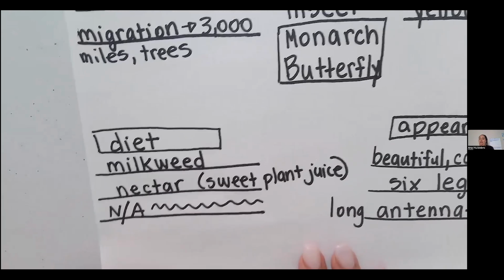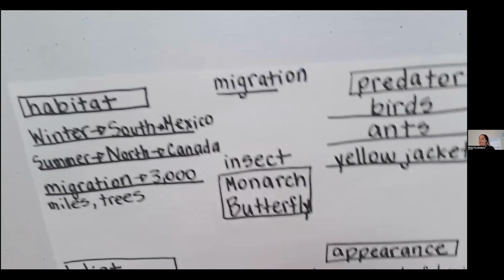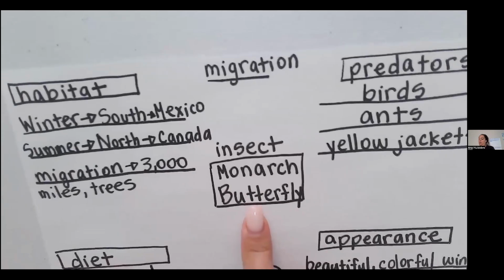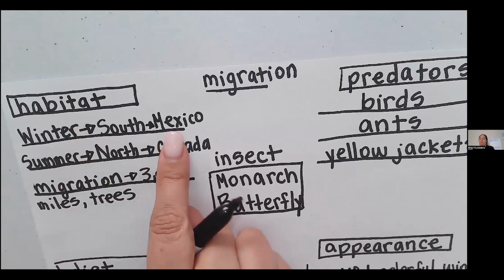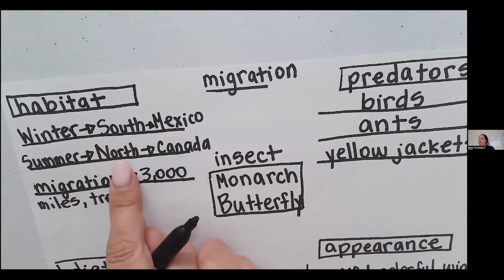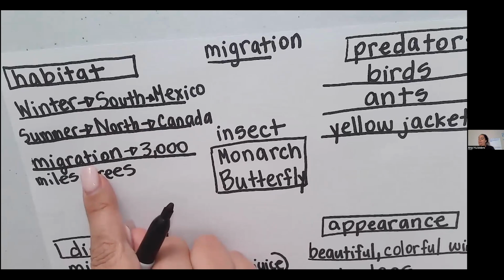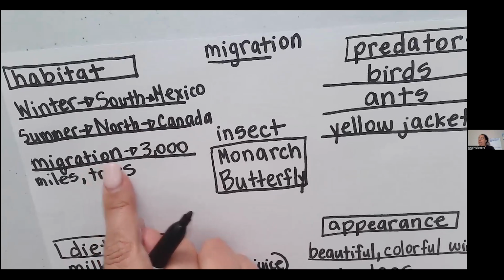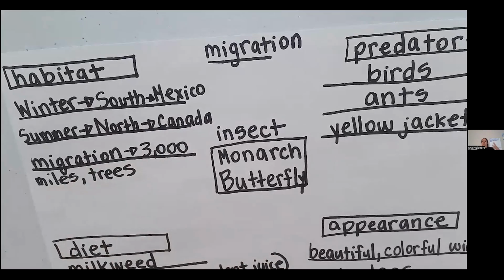So here we find a lot of information about monarch butterflies. We find out about their habitat. In the winter, they go to the south, sometimes as far as Mexico. In the summer, they go to the north, sometimes as far as Canada. And they live for many weeks. They are migrating, so they travel over 3,000 miles of land, of air, right?